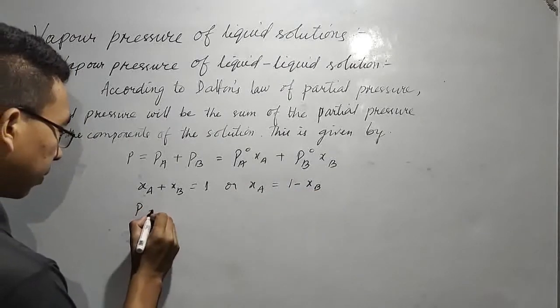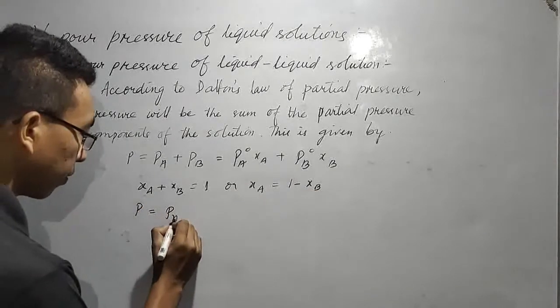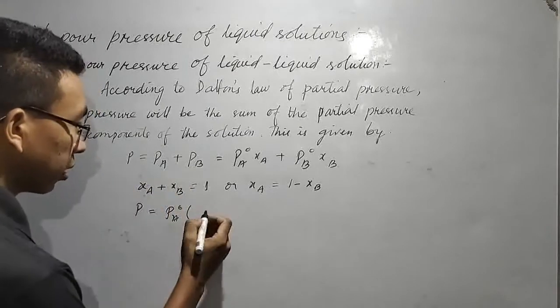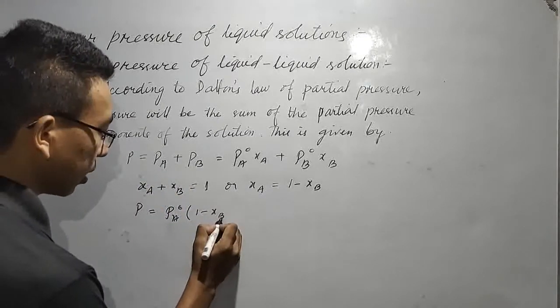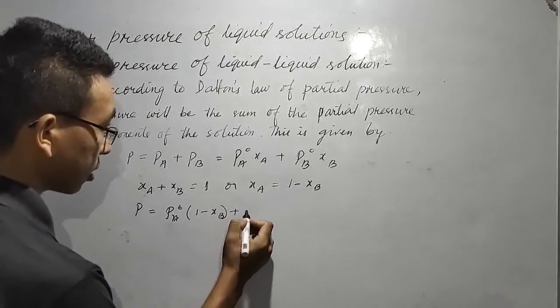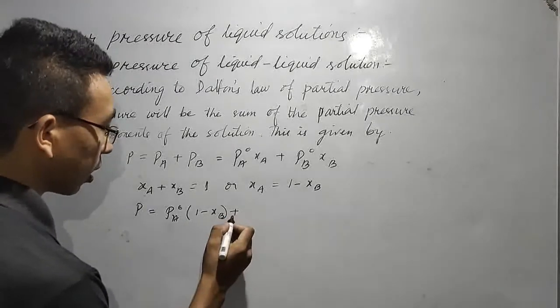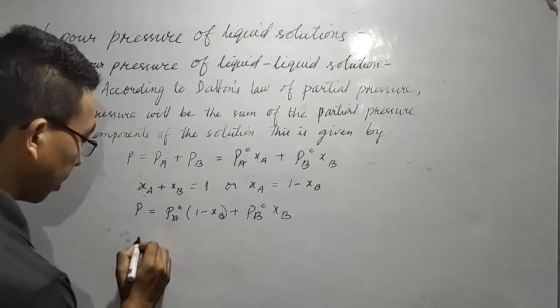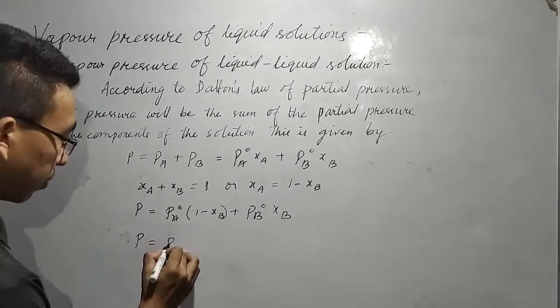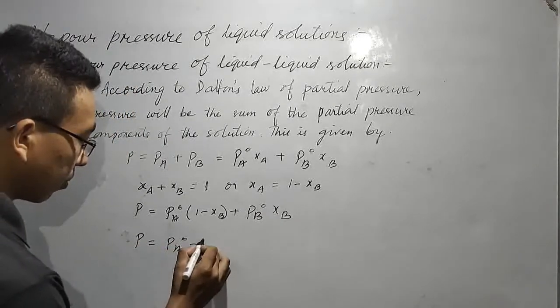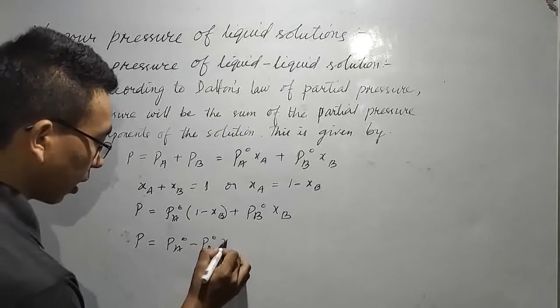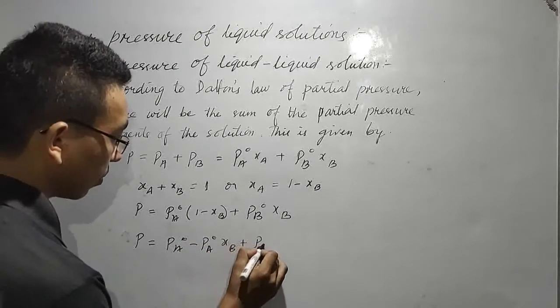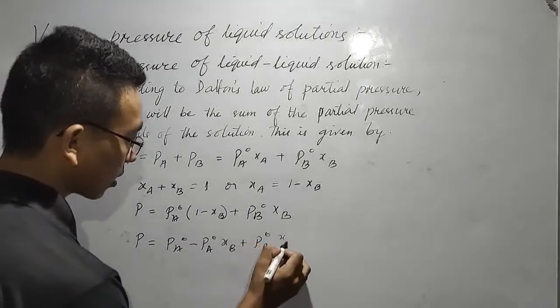So P will be equal to PA degree into (1 minus XB), plus PB degree XB. Again, P will be equal to PA degree minus PA degree XB plus PB degree XB.